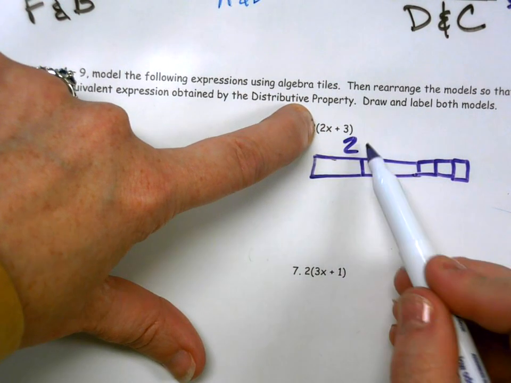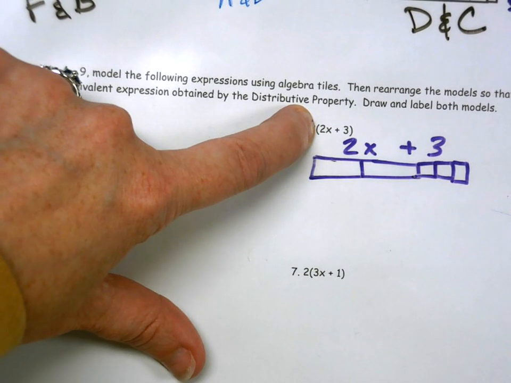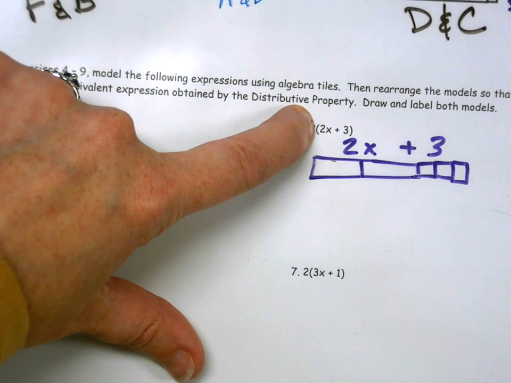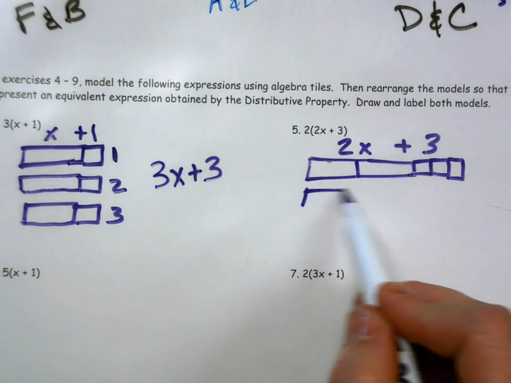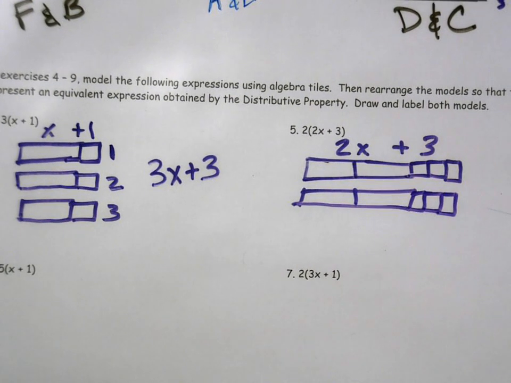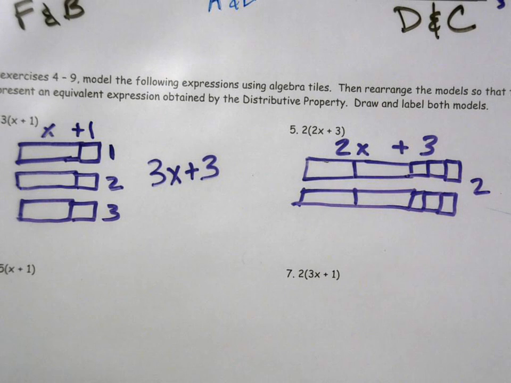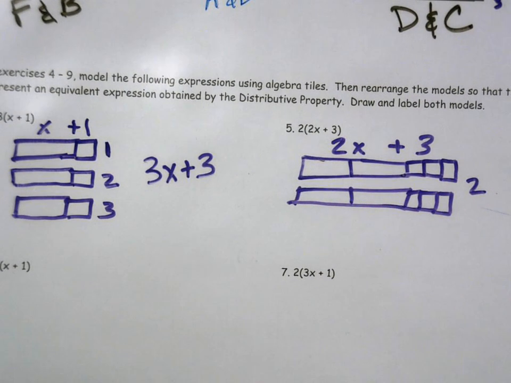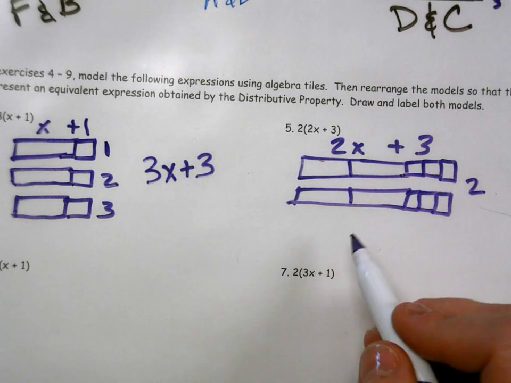So this is 2x plus 3 ones, right? How many groups do I need of those? 2. So I've got to copy it down a second time. Now we've got 2 groups, right? So what's my simplified answer going to be? How many total x's do I have? 4x plus 6.